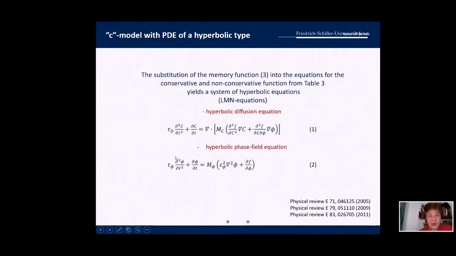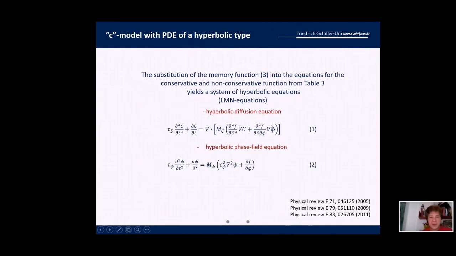The second derivative of concentration with respect to time and the second derivative of the phase field with respect to time characterize relaxation, with their characteristic times, diffusion time and tau phi, which characterizes relaxation of the so-called gradient flow, the derivative of phi in time.